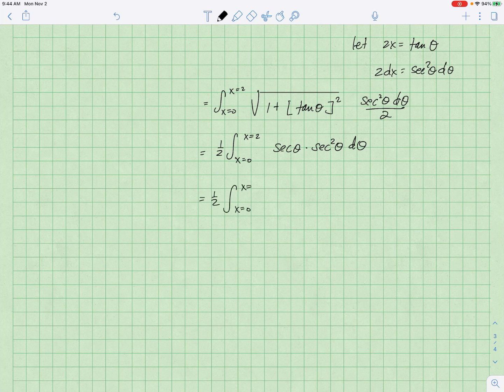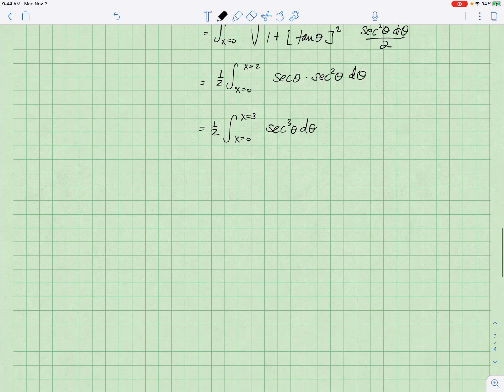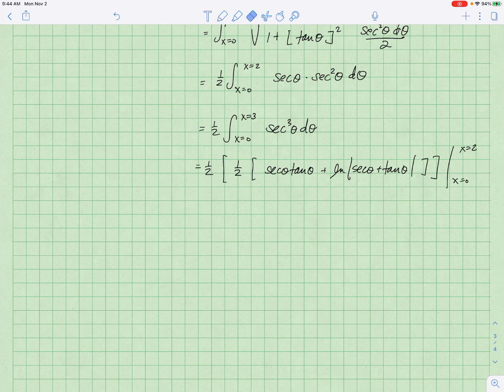I think for this example, we'll just keep rolling. We were told to remember that as the average of the derivative of secant, which is secant theta tangent theta, and its antiderivative, which is the natural log of the absolute value of secant theta plus tangent theta. And then from x equals 0 to x equals 2.